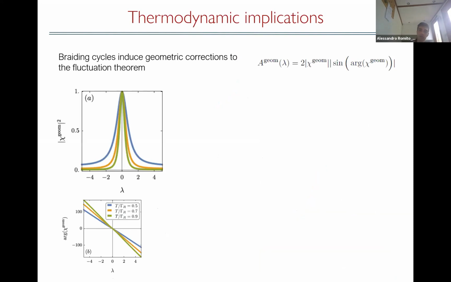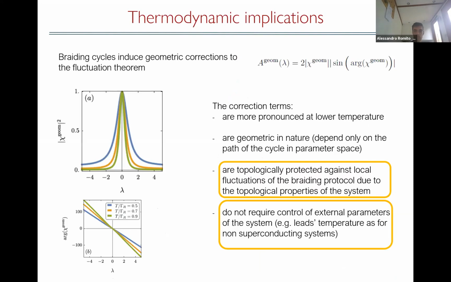What is peculiar about this term is that this correction term also reflects some topological properties of our system. Specifically, this correction term does not depend on the specifics of the driving cycle that you're using. So for different driving cycles, as long as you're in the adiabatic limit and you realize one of these exchanges of the Majoranas, you will obtain exactly the same correction term.